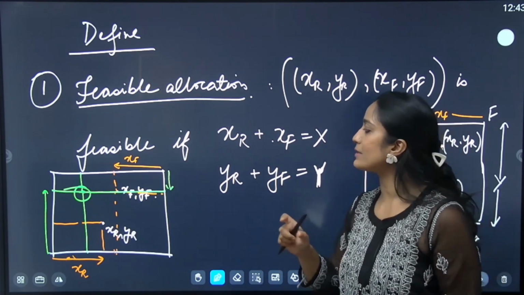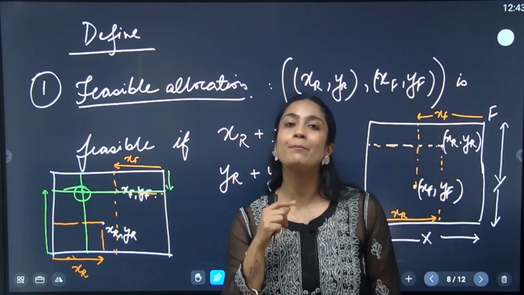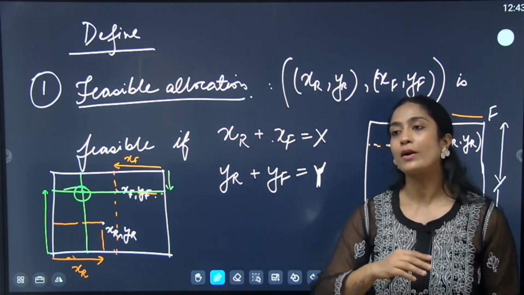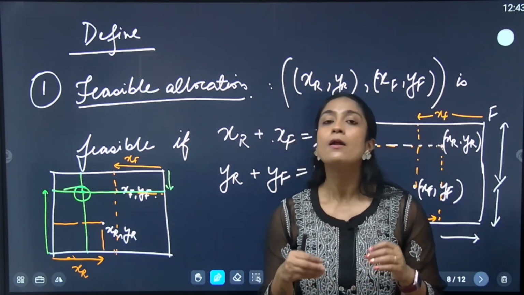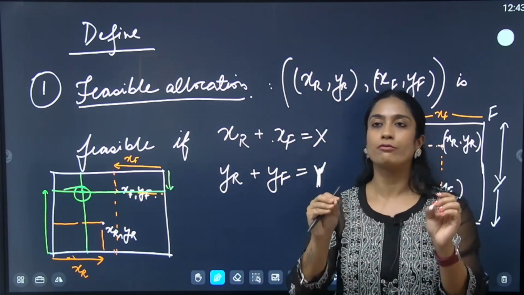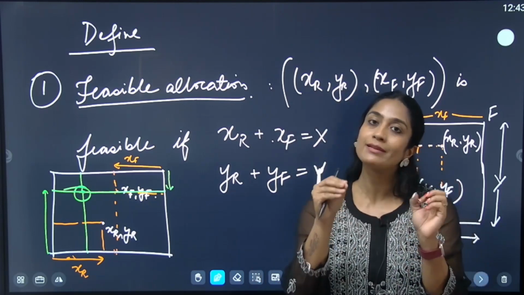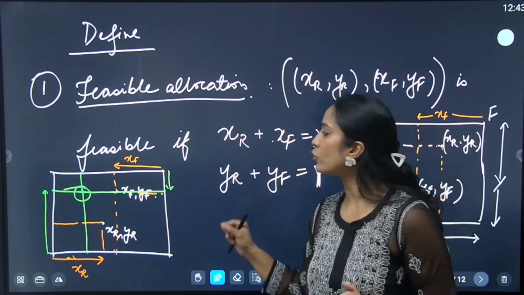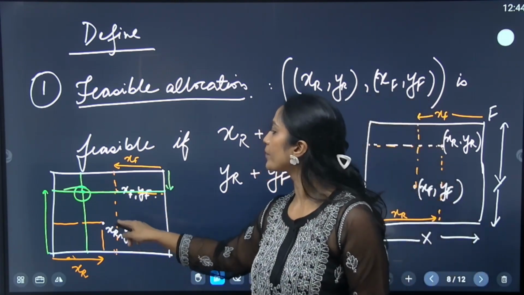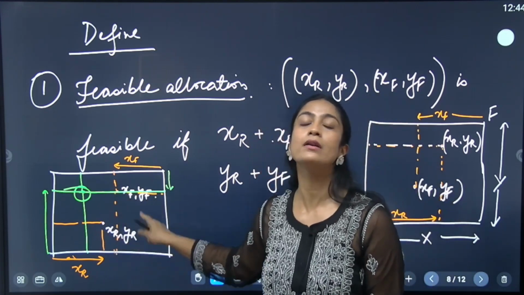So in that case, this remainder bread can be given to either one of them or can be distributed among the two of them. And since bread is a good, it's not a bad, both of them will be better off, or at least one of them will be better off without making the other person worse off, right? So there is a Pareto move always possible from a bundle like this.